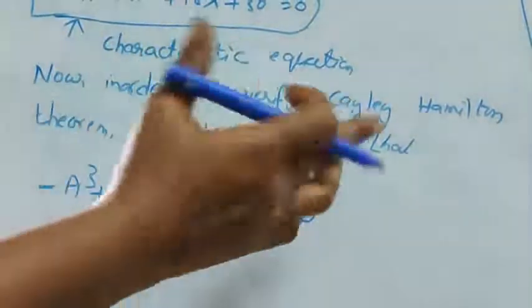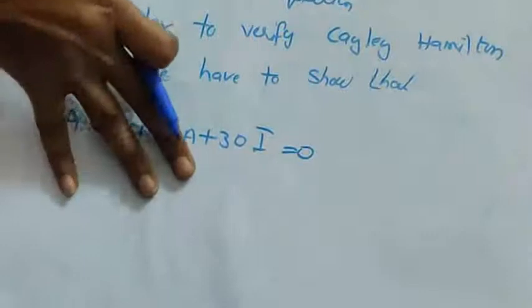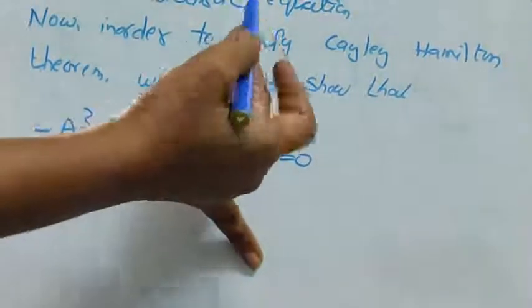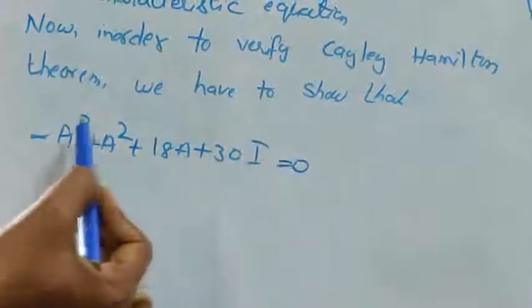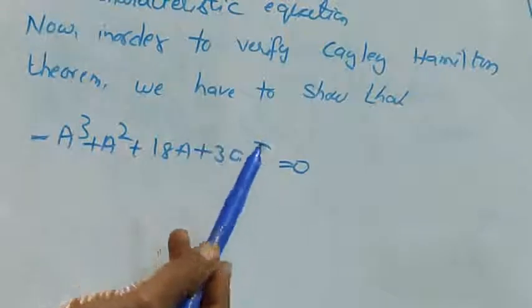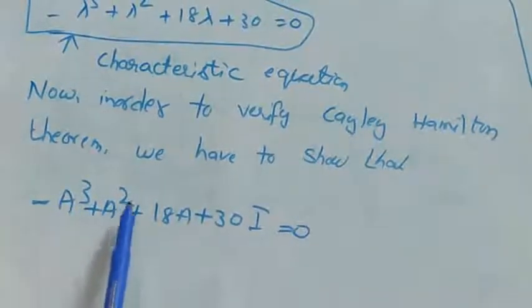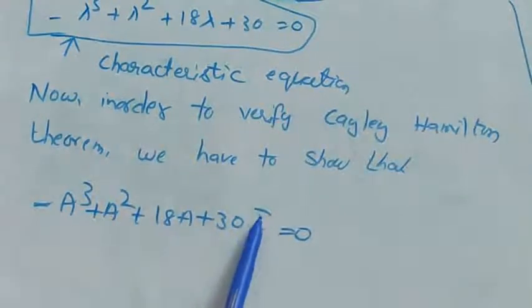So in order to verify the Cayley-Hamilton theorem, what is the condition? You have to make the lambda values as A, and the constant term you have to multiply with I. A is nothing but the given matrix. So A cube you have to do, A square you have to do, 18 into A, 30 into I, the unit matrix.